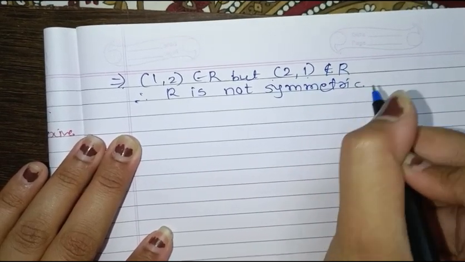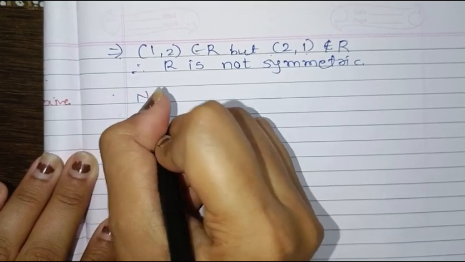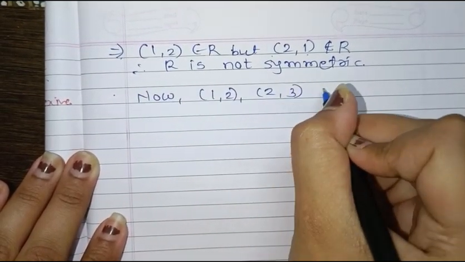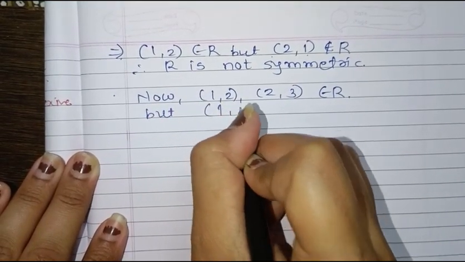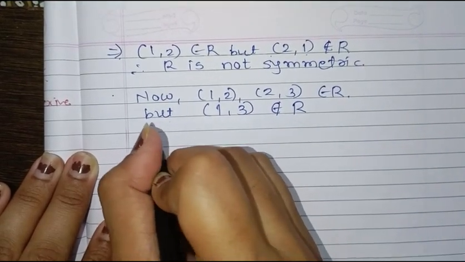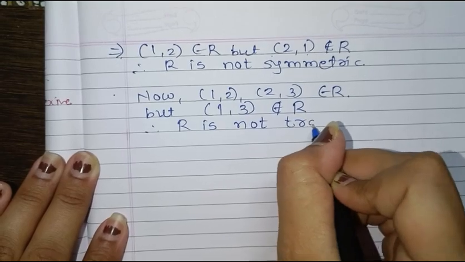Next, we are checking for the transitiveness. Now we are taking (1, 2) and (2, 3) belong to R. But if we check, (1, 3) does not belong to R. That's why R is not transitive.